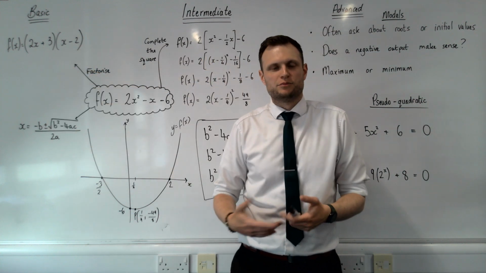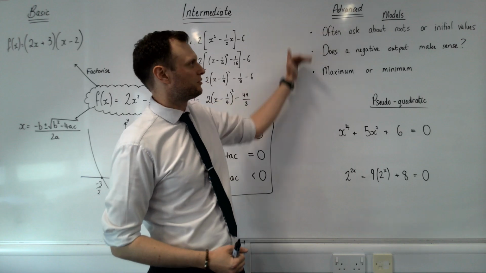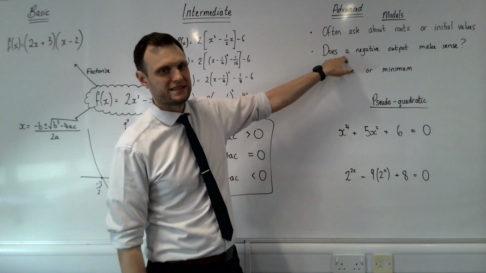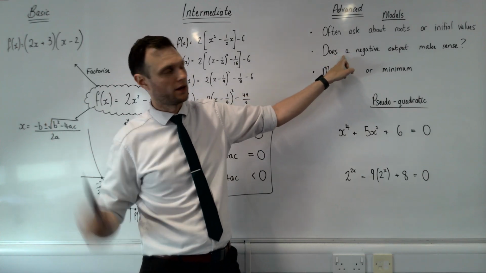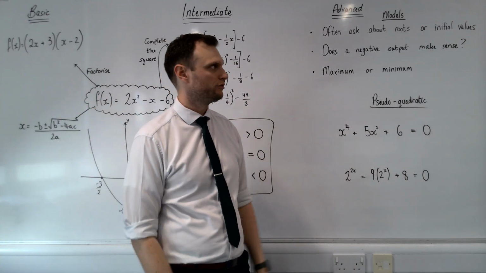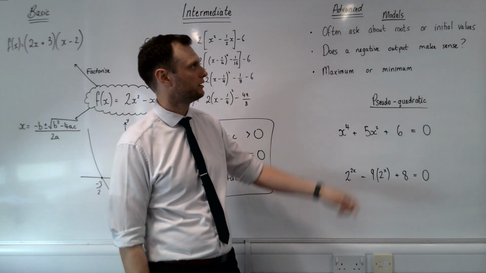So it's more advanced, you've got to think about each one as it comes up, but maximum minimum comes from completing the square. Does it have a negative value? It just comes from solving or factorising and solving it, or even just putting it in your calculator and solving it for the roots.